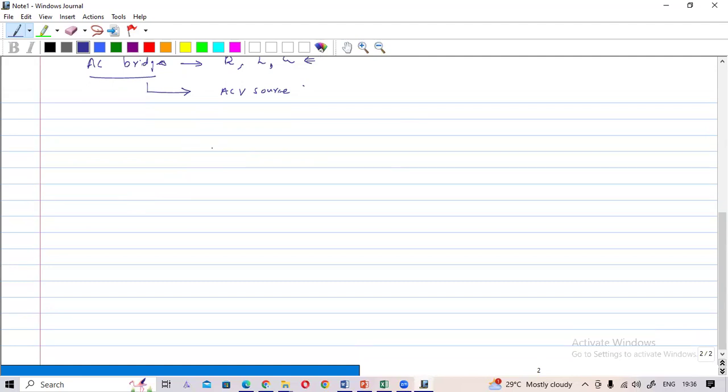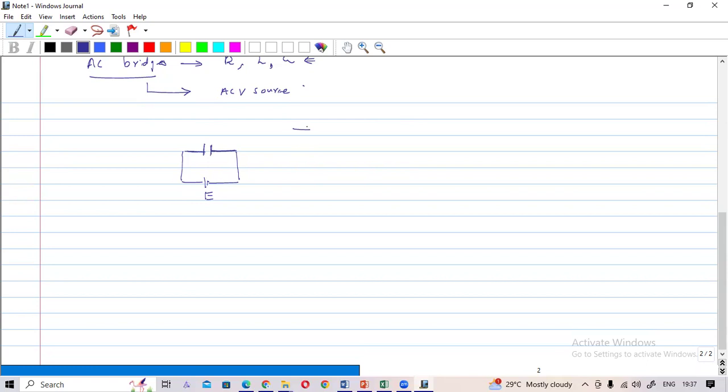So if you consider the capacitor, it is somewhat like this. And if we connect a source, let's say that we connect a DC source here. Let's say that this voltage is E or something, and this is the capacitor.